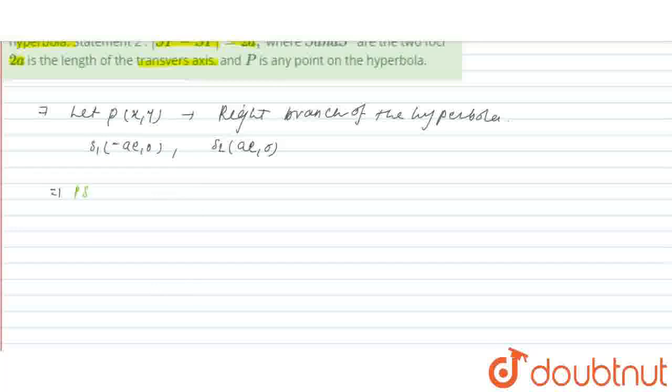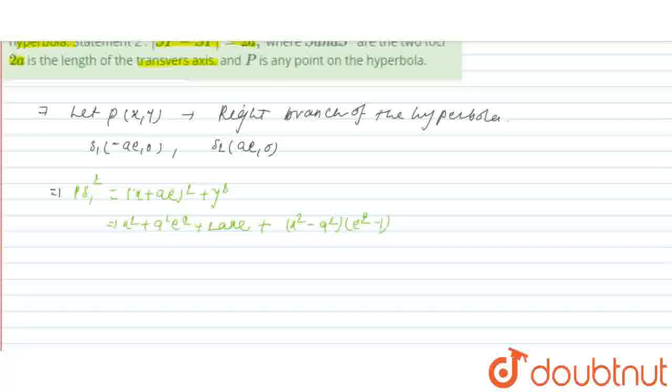So PS1 squared will be the square of (x + ae) plus y squared, because the y coordinate of the focus is 0. If you open this, it becomes x squared plus a squared e squared plus 2axe, plus, at the place of y squared, you can put x squared minus a squared into e squared minus 1.